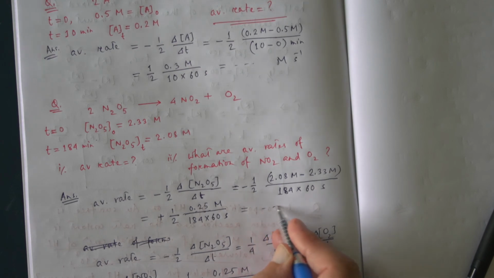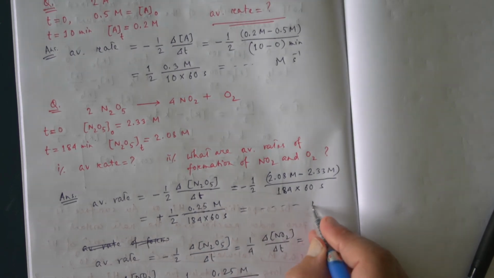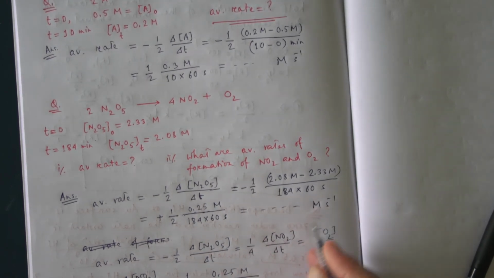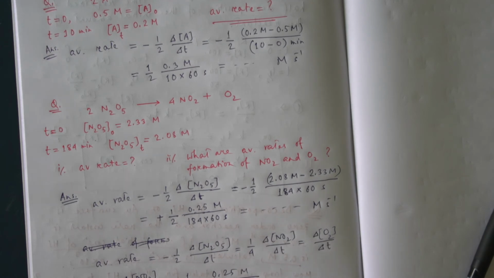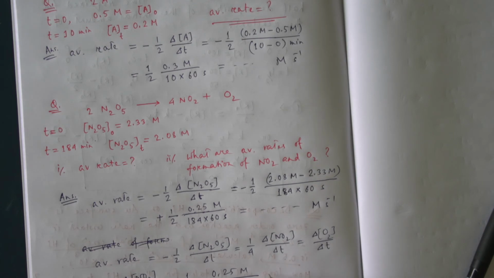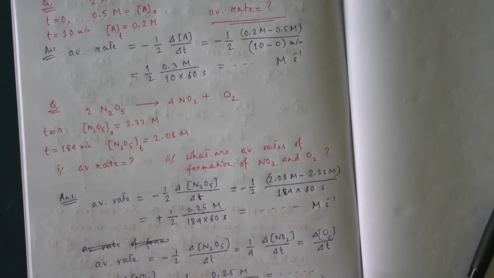You have to simplify, mind that you have to simplify. This will be more molar per second. You have to simplify. Okay, this again. Okay, so you will get some result here.